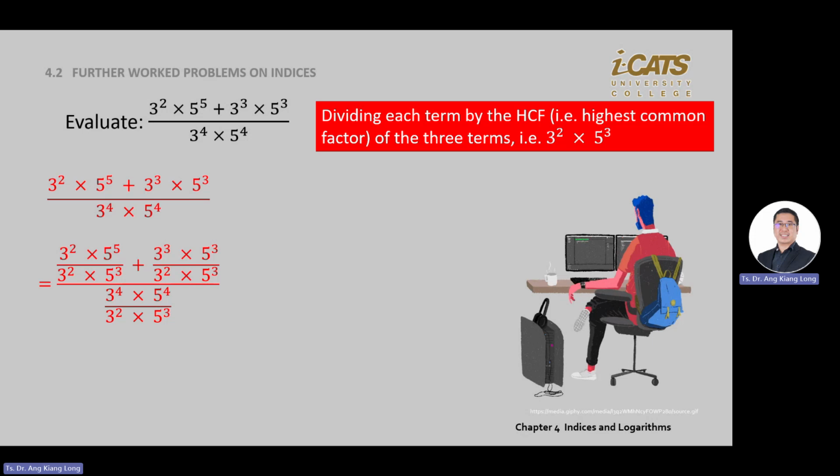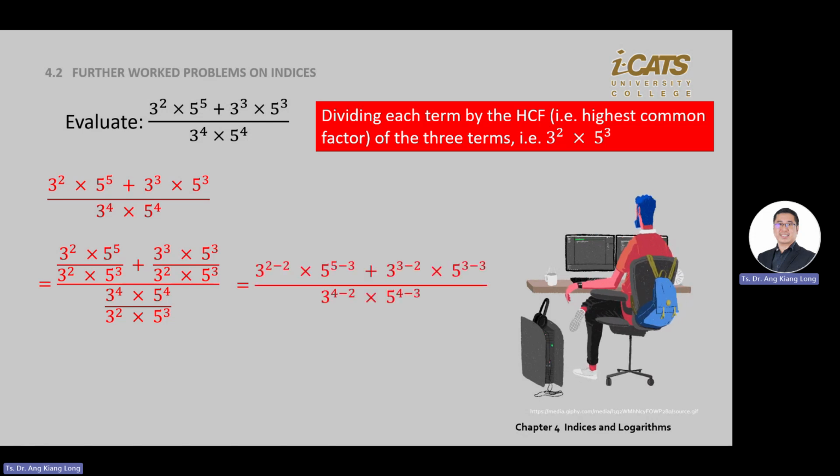Okay, so we take the highest common factor, or in other words, you take the minimum of the same factor. So here is 3 power 2 and 5 power 3. Okay. So here you divide all of the components by the same factor. So you will simplify the equation.